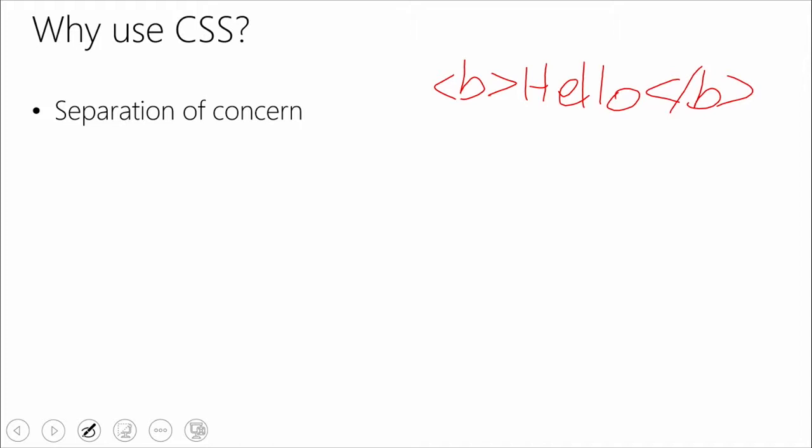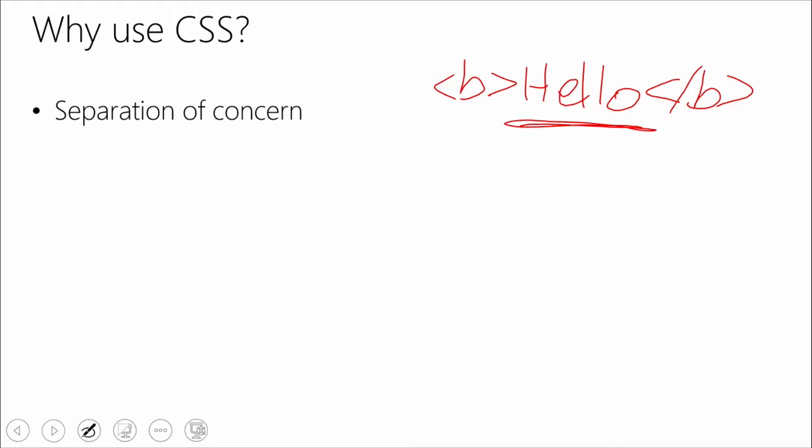It'll make the hello bold, but is that a really good way to do things? Not if you want to repeat this, or apply it to a couple of different elements. Absolutely. Or if you want to change it even. Yeah, that's exactly it. Because what we've now said is that hello has to be bold. That's it. And so the first big problem is, what happens if you want to change that? Or what happens if you want to be able to change that based on the device?